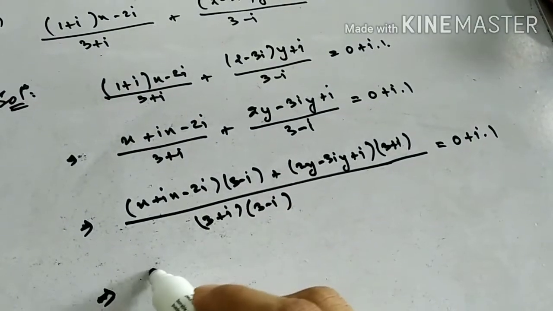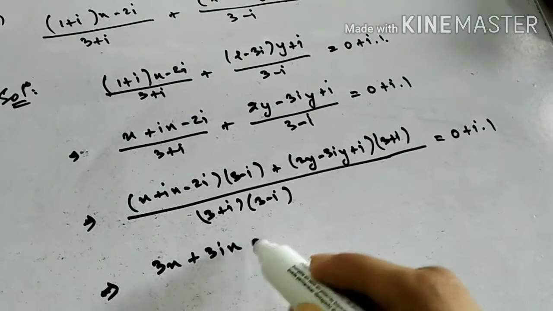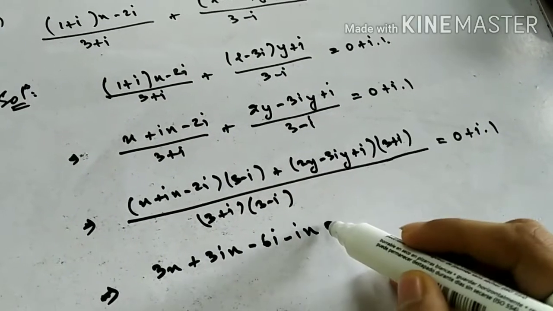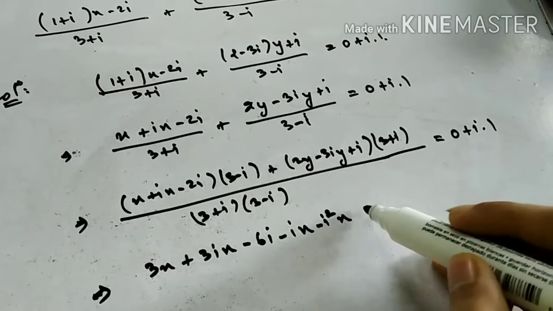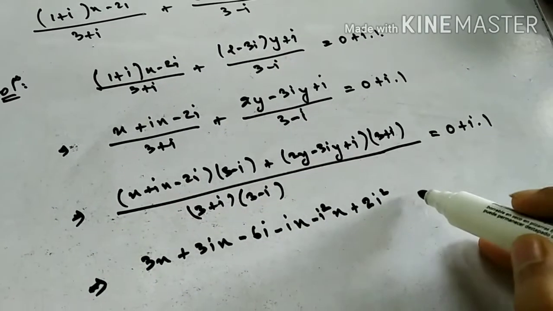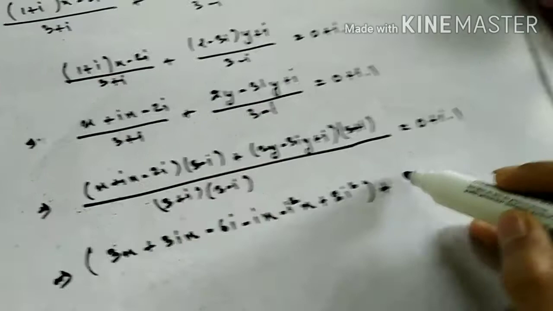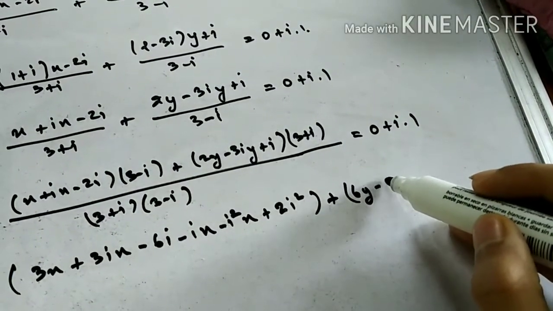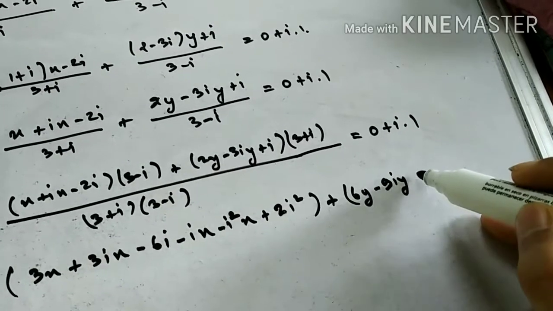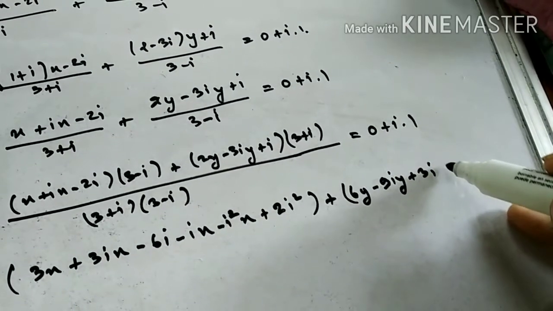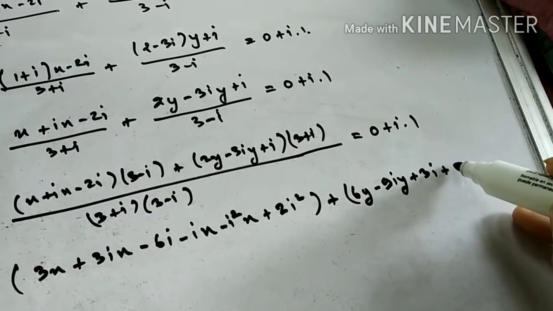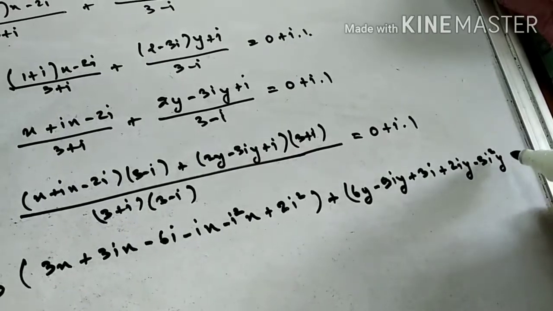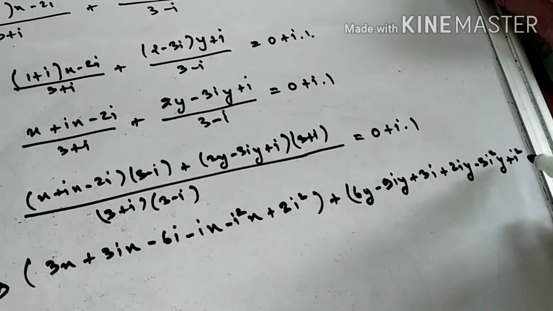So from here I will get 3x + 3ix - 6i, and minus ix minus i squared x plus 2i squared, plus again 6y - 9iy + 3i plus 2iy - 3i squared y plus i squared.